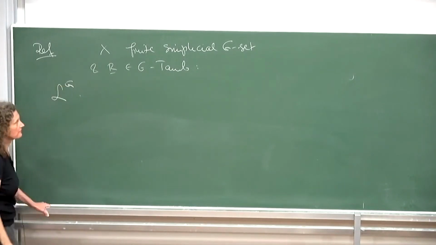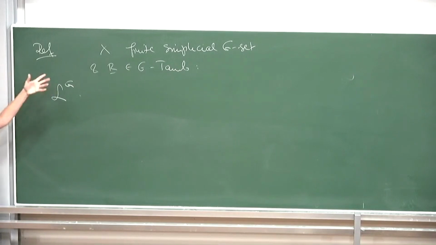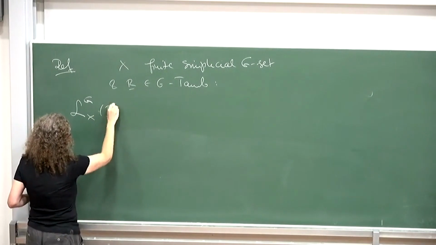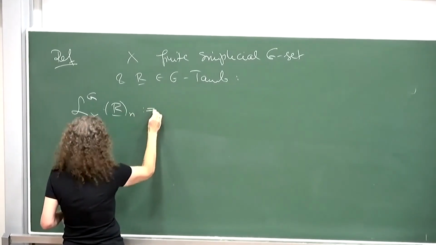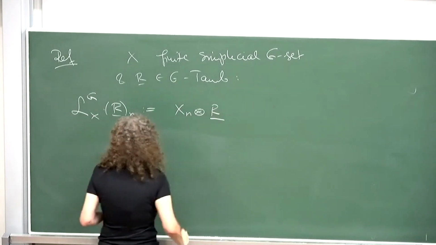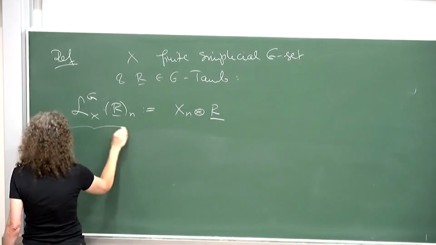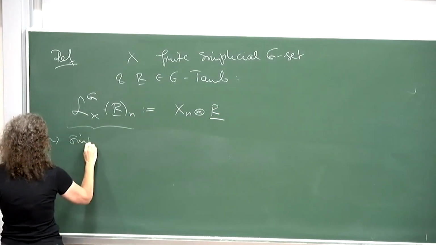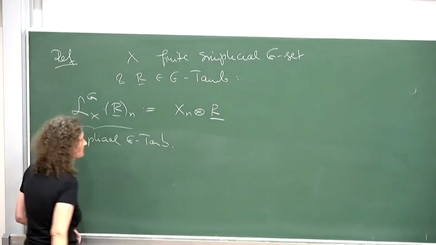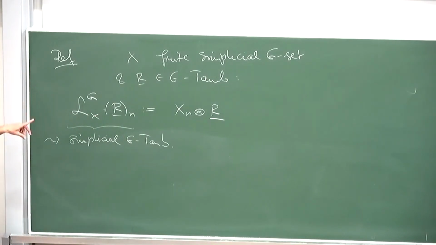I usually denote it with a G to signal that this is the equivariant thing, of X of R in simplicial degree n, to be X_n tensor R. So this will be a simplicial object in G-Tambara functors, just because they proved that this is functorial in the G-set, so simplicial structure maps induce maps of Tambara functors as you go along.